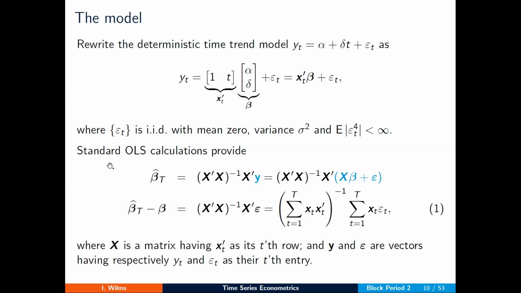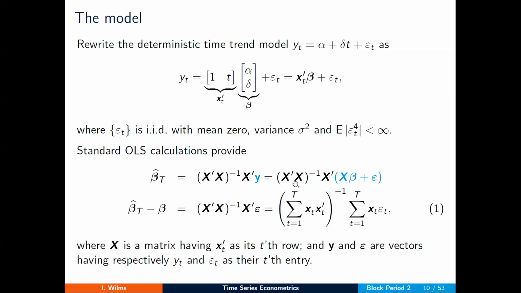Now, if we want to derive the limiting distribution, we should start with the definition of the least squares estimator, which is simply equal to (X'X) inverse times X'y. Then we've also seen that we should plug in the DGP indicated here in blue, which is nothing more than y_t being equal to x_t beta plus the IID error.